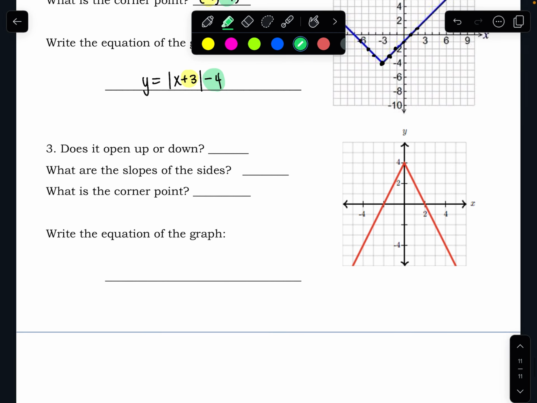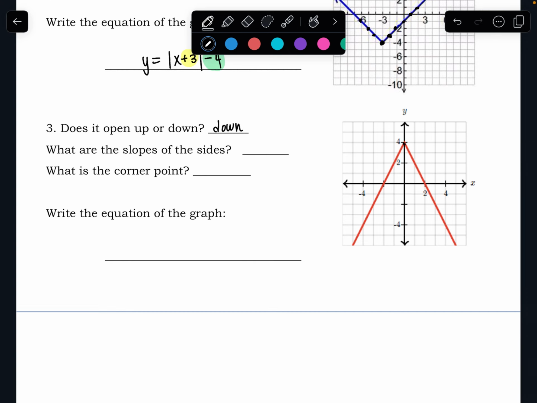Okay, and then this last one is opening down. We finally have a negative. And then the critical point or vertex is at 0, 4. And then the slopes of the sides, we have some good points here.